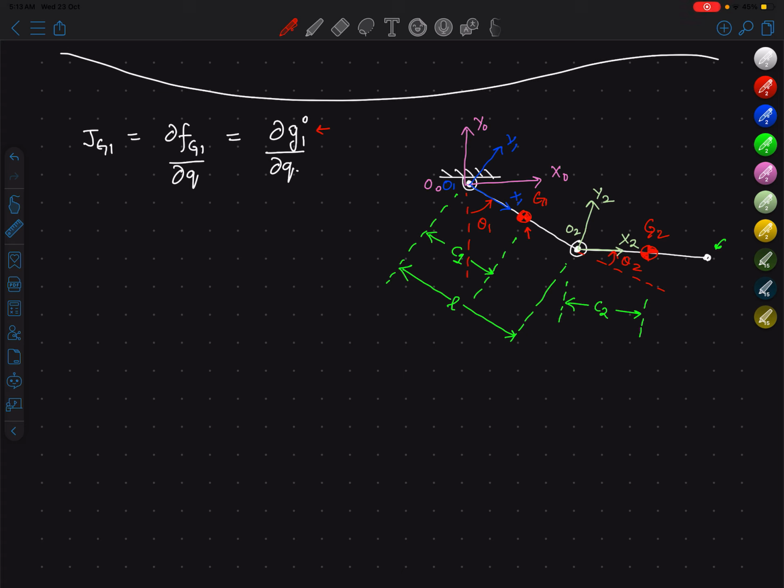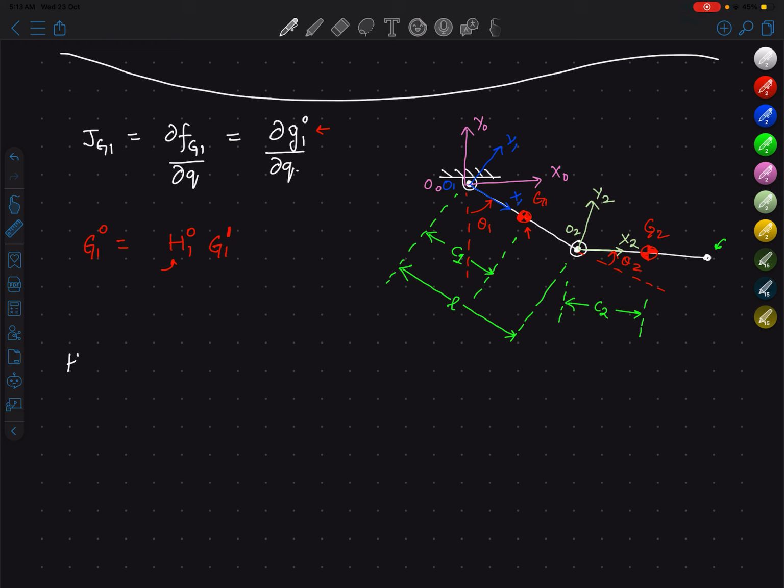Okay, so g1 naught is actually g1 in frame 1, the coordinate of point g1 in frame 1, times H1 naught. So this is the homogeneous transformation matrix. All right, we will get this. This comes from the homogeneous transformation that we read, and this is the FK of that. Now what is H1 naught? Let's try to find that.